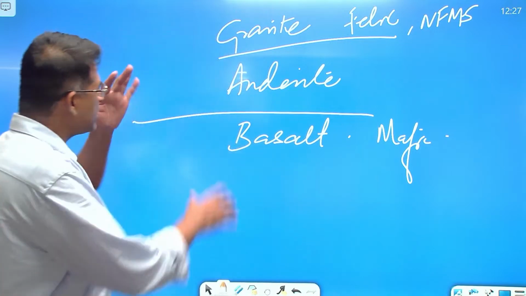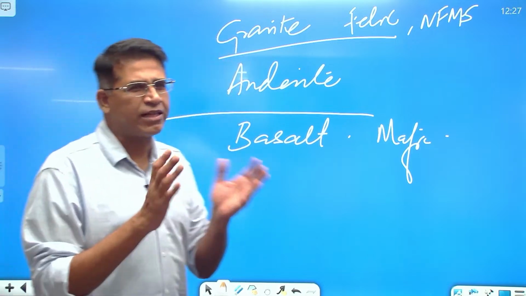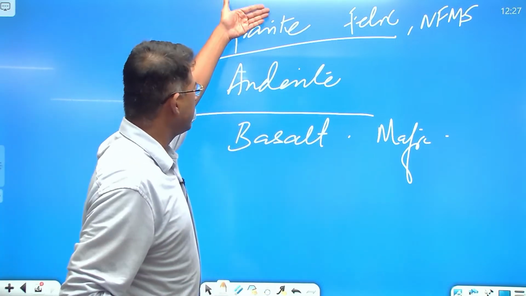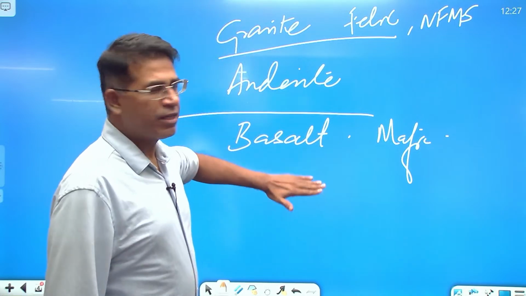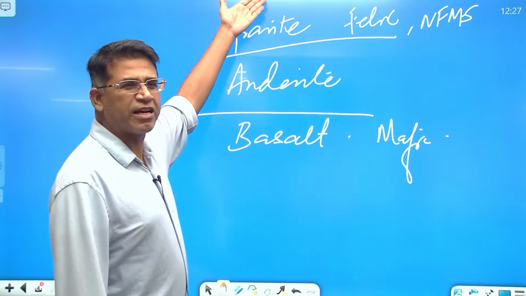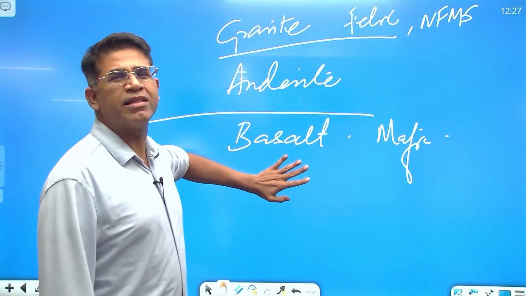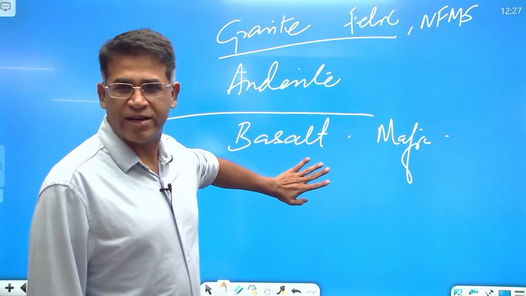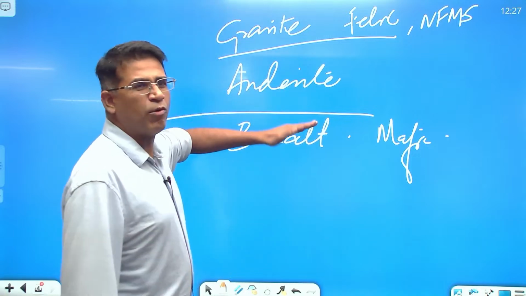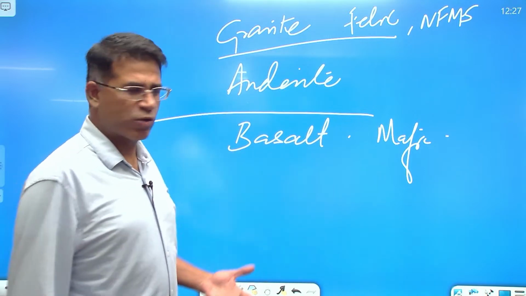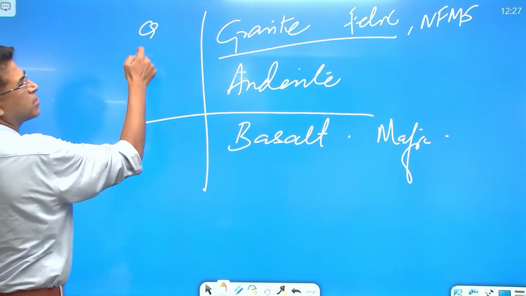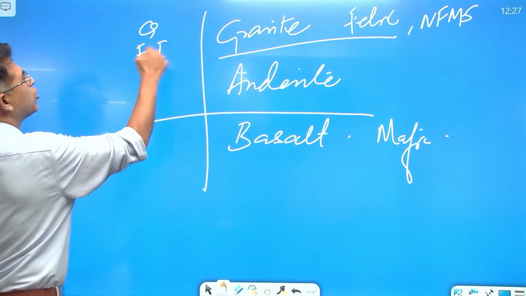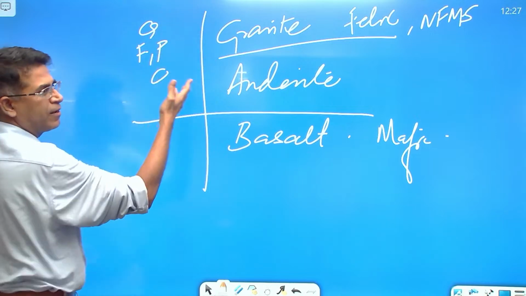Once you know this, you won't have trouble with properties: harder, softer, less dense, more dense. When they melt, these are more viscous, and these are more fluid. These are acidic rocks, and these are more basic rocks. Once you know this, then you know that quartz, feldspar, plagioclase, orthoclase belong to these.